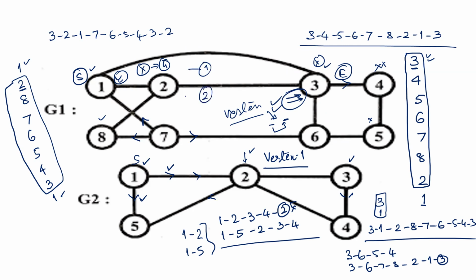Second, a new vertex should have a connection with the previous vertex. For example, if you are visiting Vk, you must have visited Vk minus 1, so there must be a connection between the two vertices.